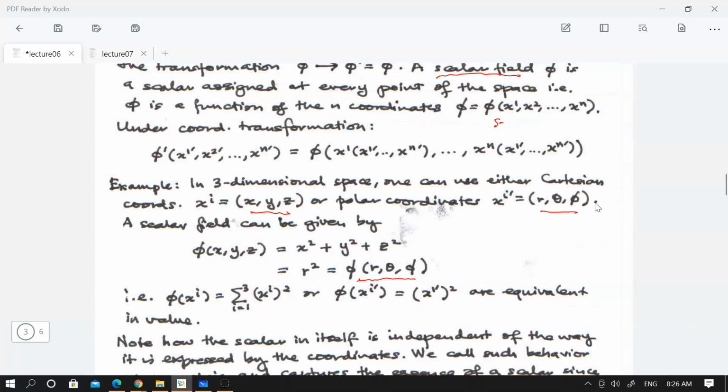And this function, if you write it in full, will be something like r squared sine squared theta cos squared phi plus r squared sine squared theta sine squared phi, and then r squared cos squared theta, which is really your x squared plus y squared plus z squared. And when you add those up and use your trigonometric identities, it becomes r squared. Okay.